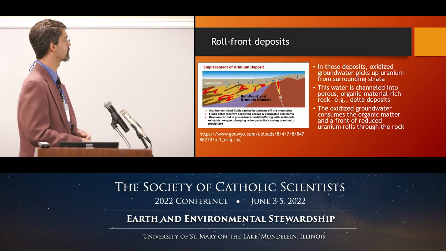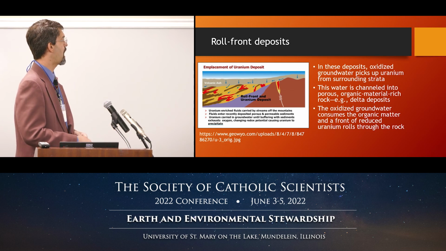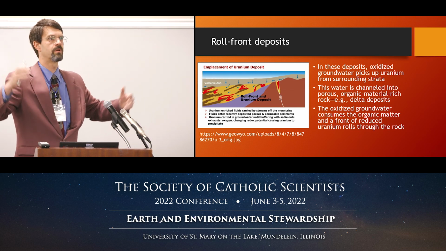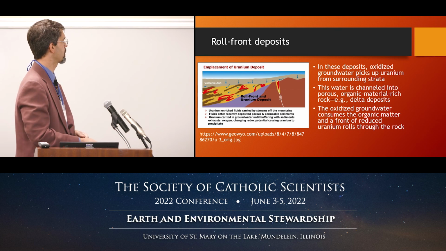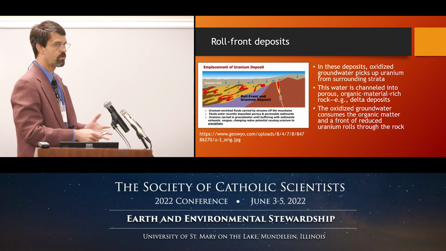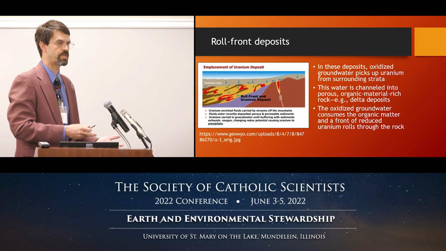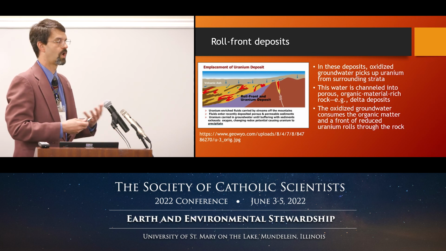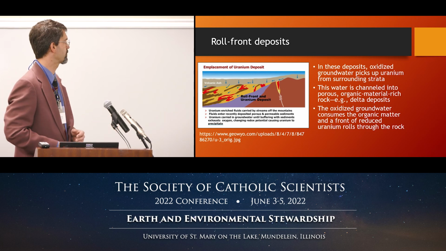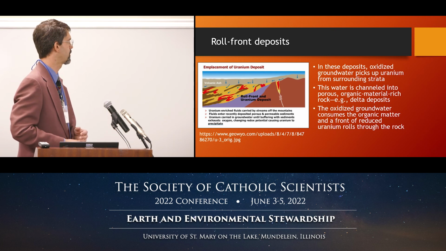Either one of those could serve, perhaps both of them have served as sources for the uranium. Oxidized groundwater, in equilibrium with the atmosphere, picks up the uranium and it starts to migrate. And if it migrates into a permeable formation that has organic material in it, say something dirty like a delta deposit or an old stream channel deposit, those are the classic host rocks for roll front deposits.